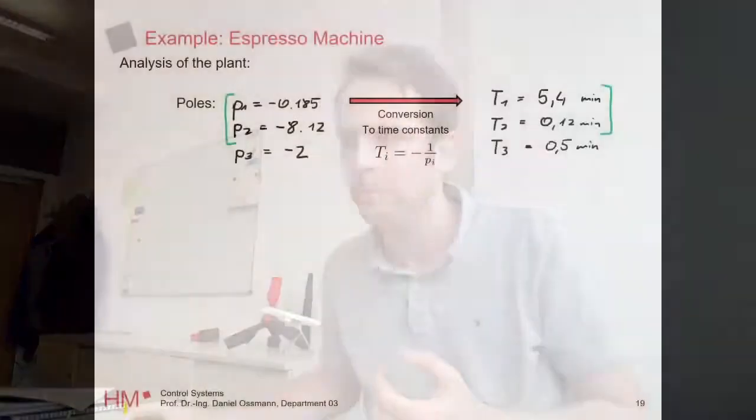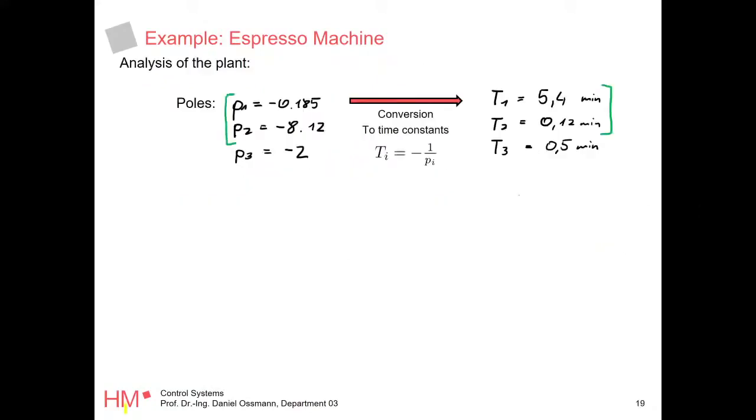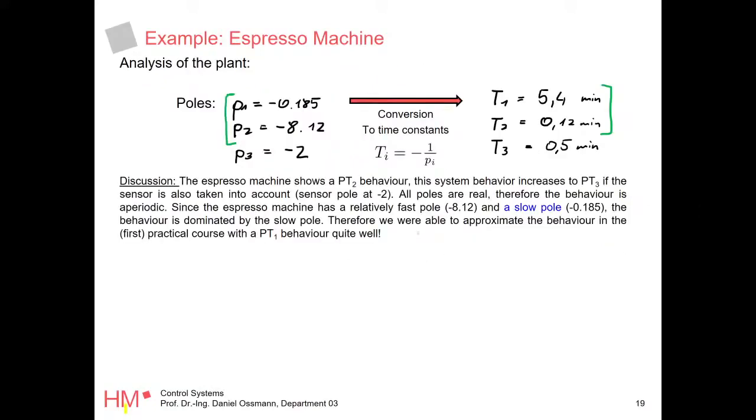And you see it here on the last slide. This here is a PT2 multiplied by a PT1 is equal a PT3. Okay. This is the explanation what we actually did in the lab, that we actually identified a PD2 system as a PD1 because of this pole here, which is so dominating.